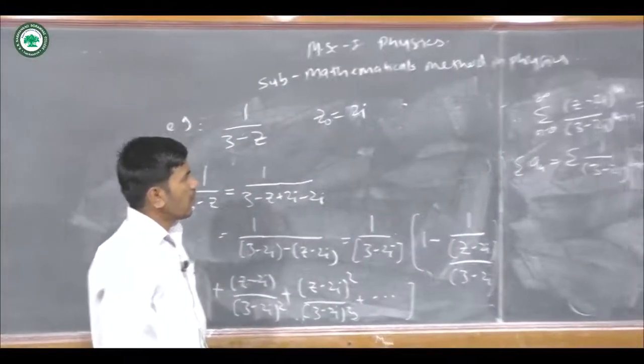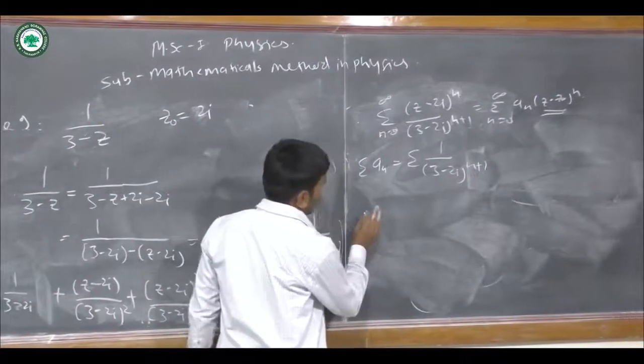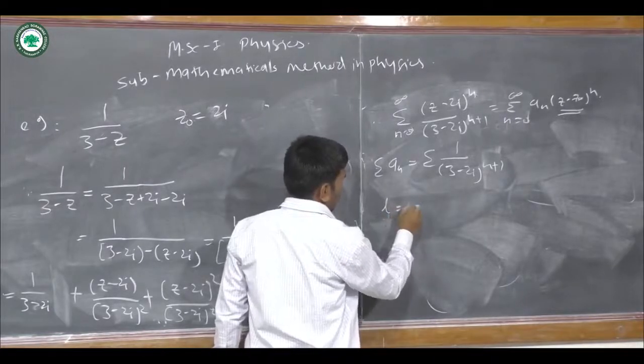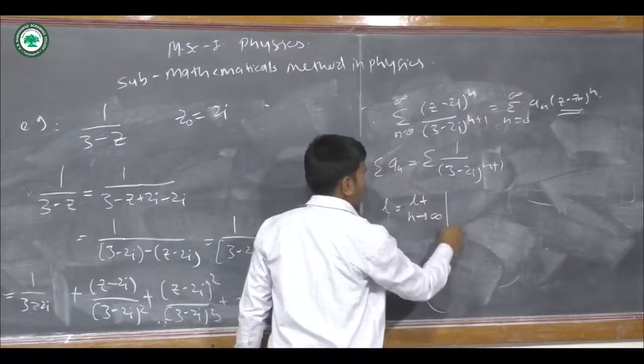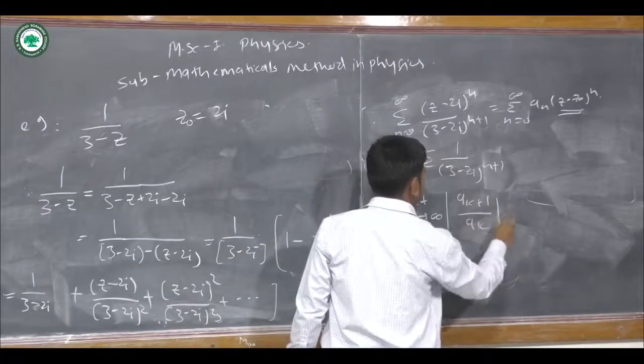So now if I use the ratio test, that is L is equal to limit n approaching infinity of a n plus 1 divided by a n.